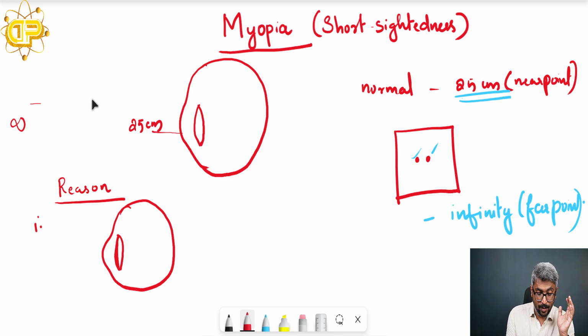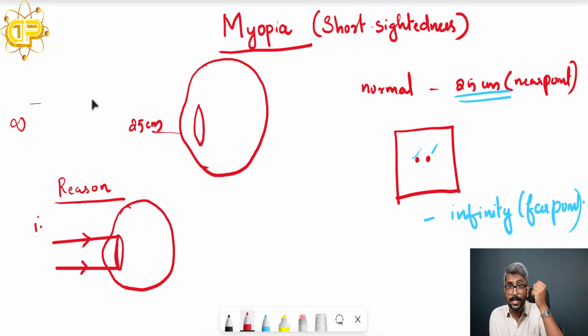We have already studied that the light rays coming from infinity will be parallel rays. It looks like this, the lines are coming parallel, because the object is at infinity, so the light rays will be parallel to each other.